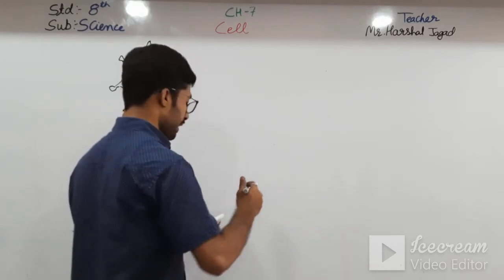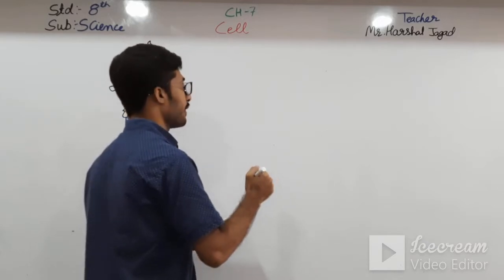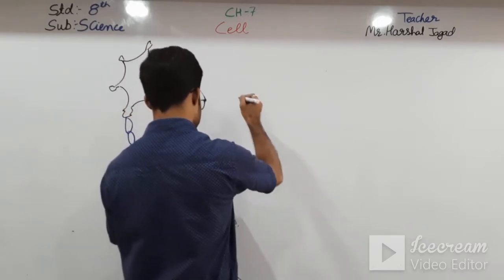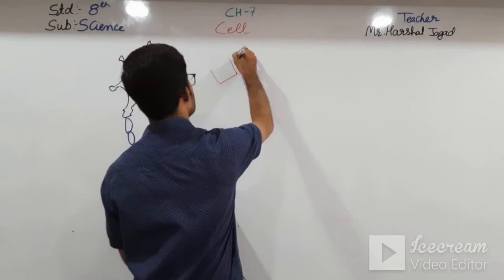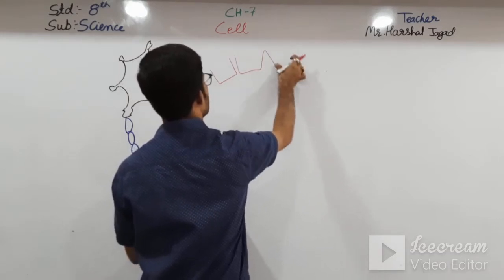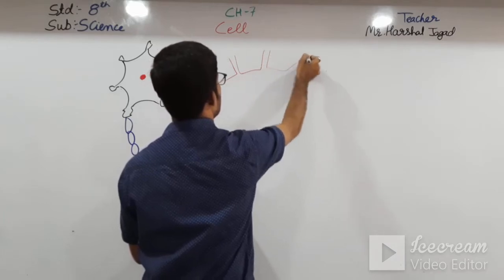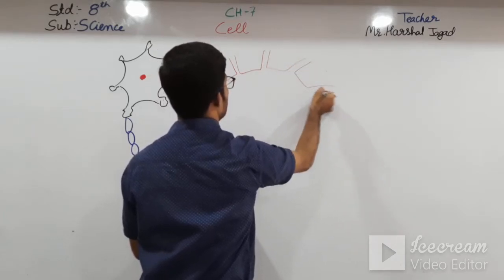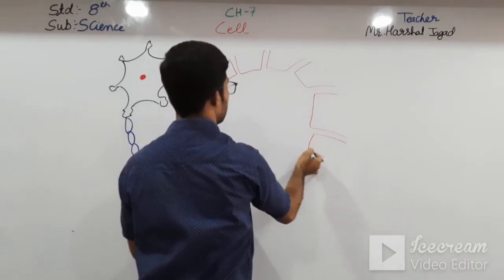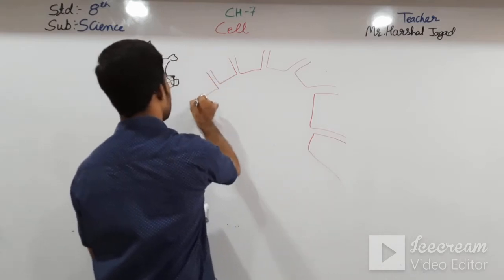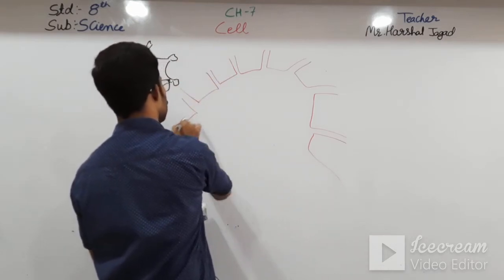Okay, this is the nerve cell, and here is the nucleus of the cell. Now drawing the skin cell. The cells which are in the skin are known as skin cells. First there is a structure like this, as given in your textbook.